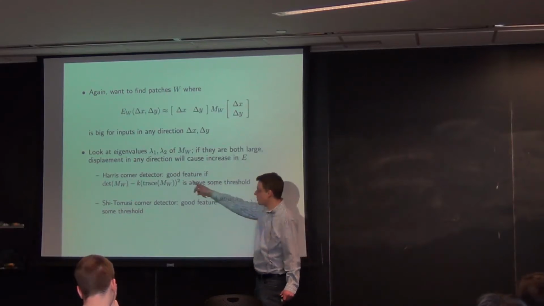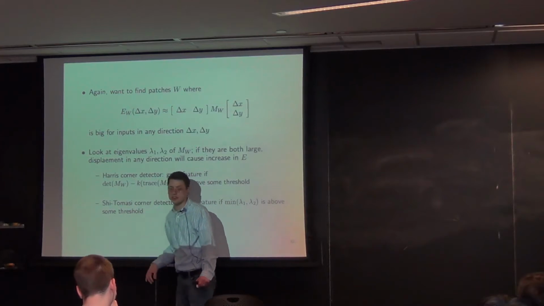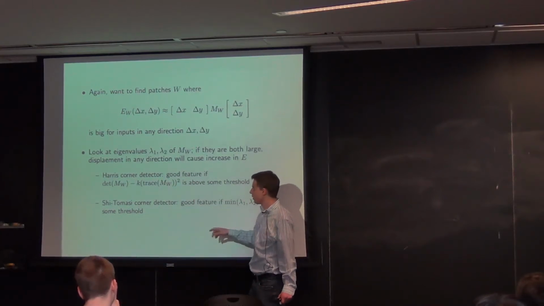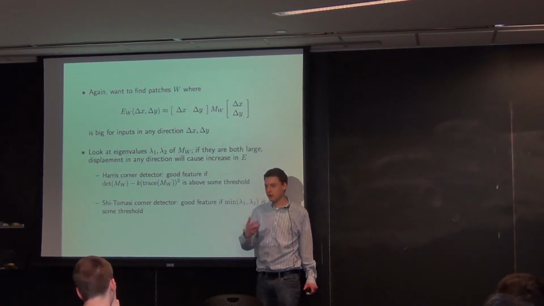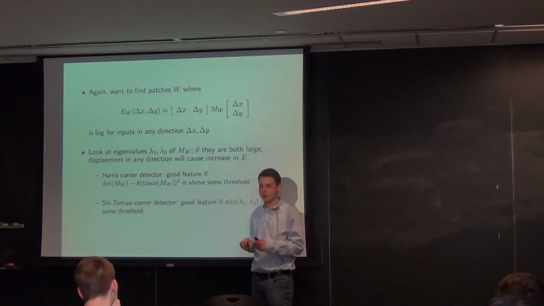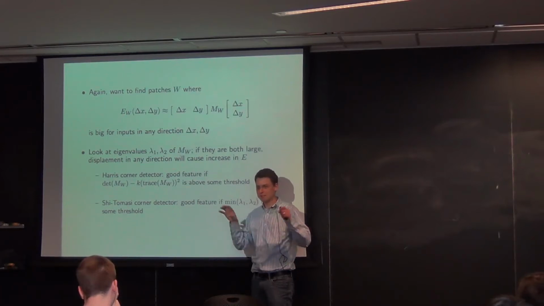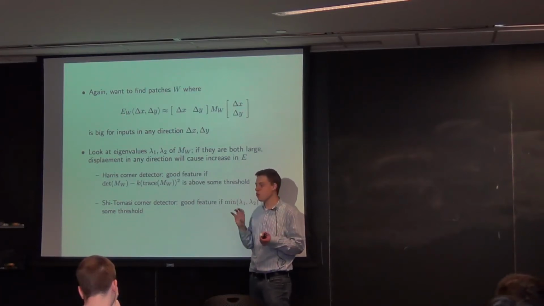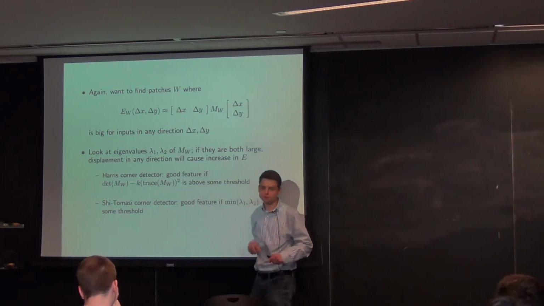So these go by the names of Harris corner detector and the Shi-Tomasi corner detector. They are typically referred to as corner detectors, not feature detectors, because these features are in some sense corners. They're looking for corners in the image. Corners are exactly those things where whatever direction you move, you will have a big error regardless of which direction you move your window at a corner.